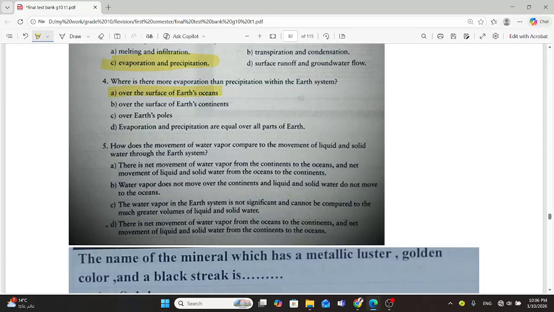There is net movement of water vapor from the ocean to the continents, and net movement of liquid and solid water from the continents to the ocean.